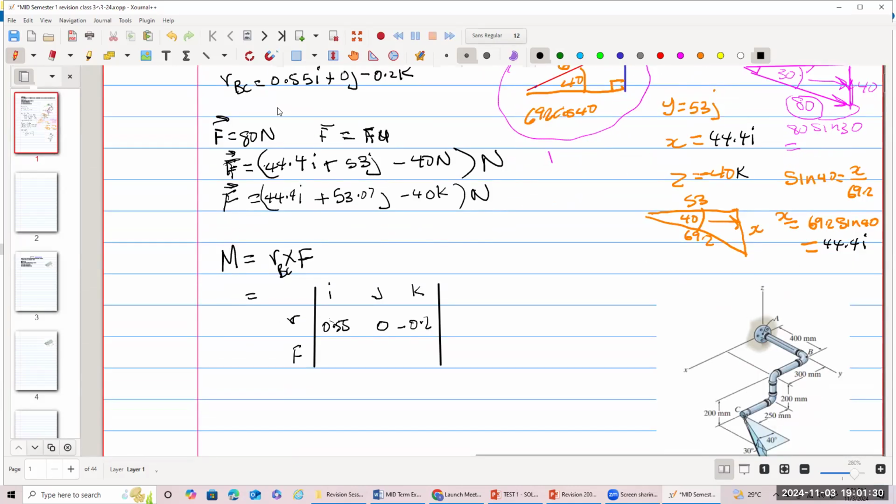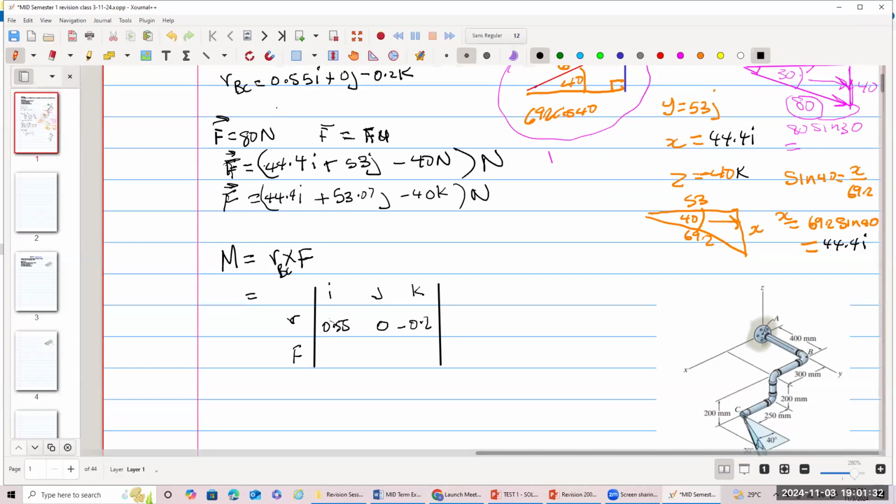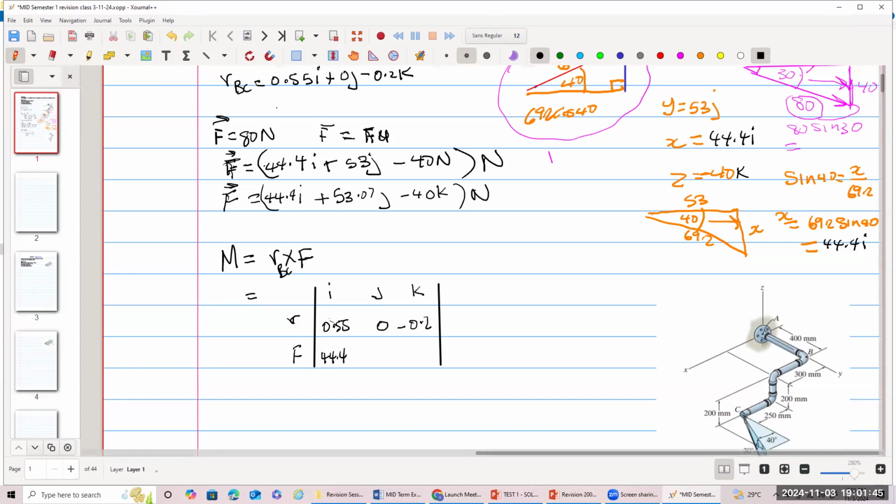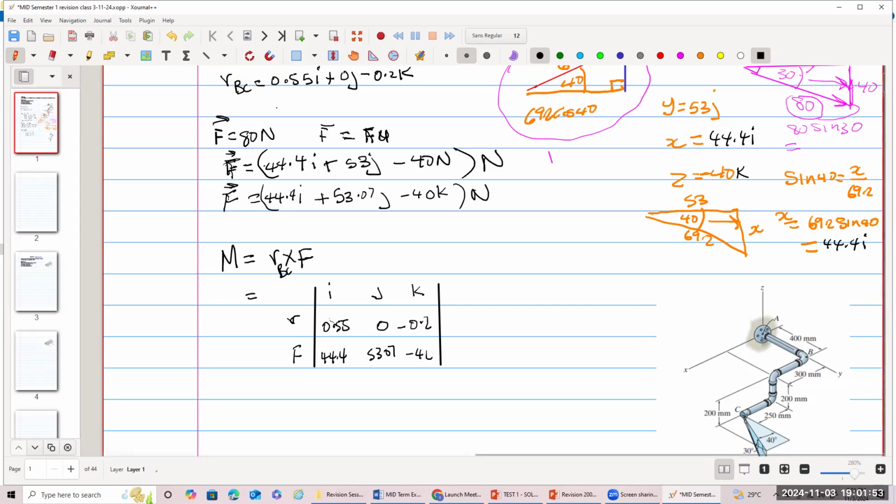And then F, we had worked out the Cartesian representation of F. We found the unit vector and multiplied it by the component, so we break it out. So we're getting 44.4, right? We don't have to put any I in here. And this is 53.07. And this is minus 40.